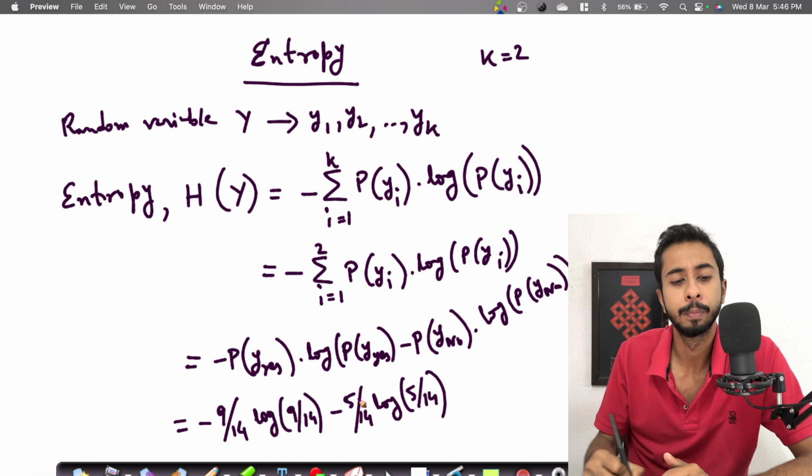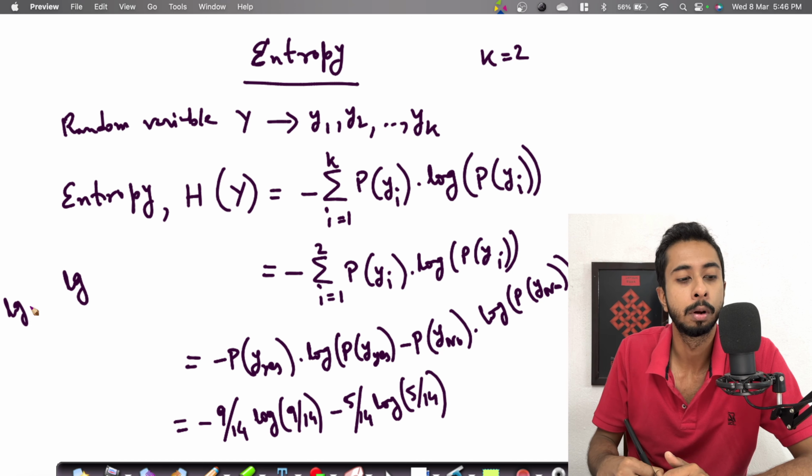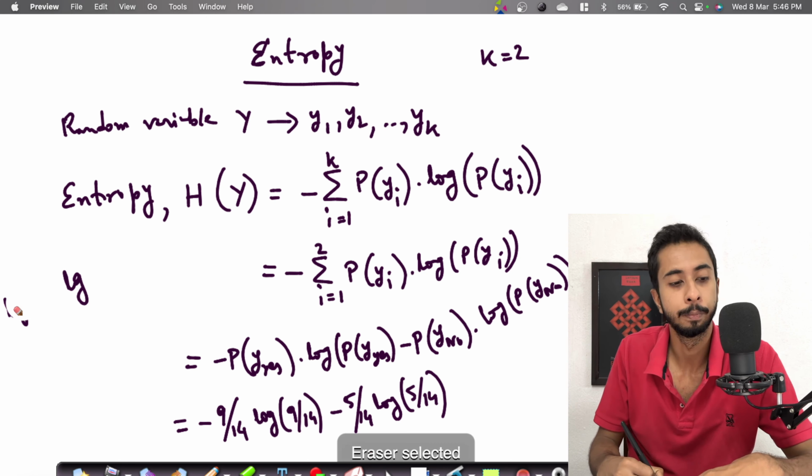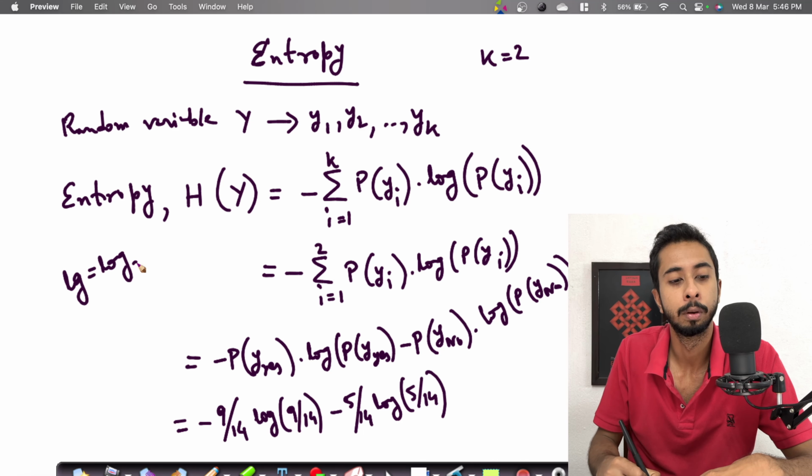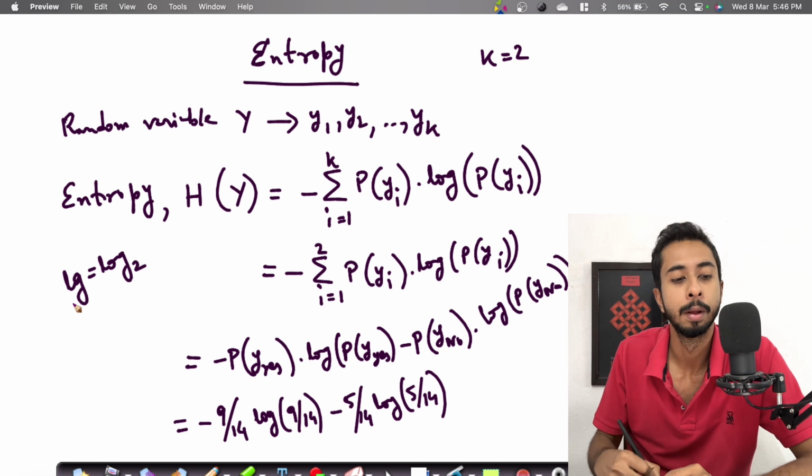Now you see this log present here. We normally take log base 2. We also write it as lg, which is nothing but log base 2, right?